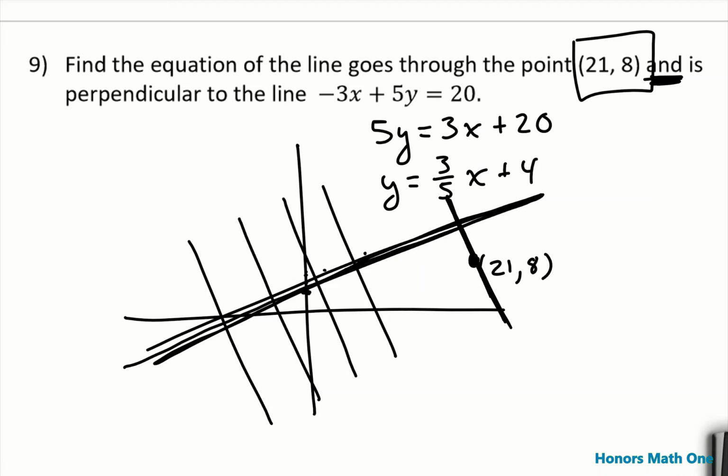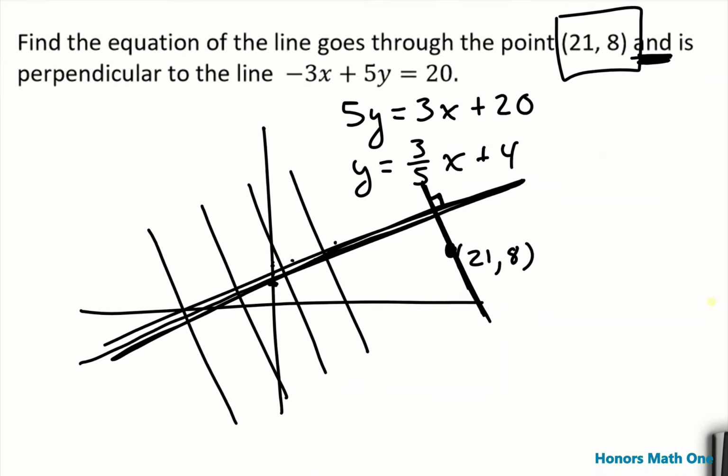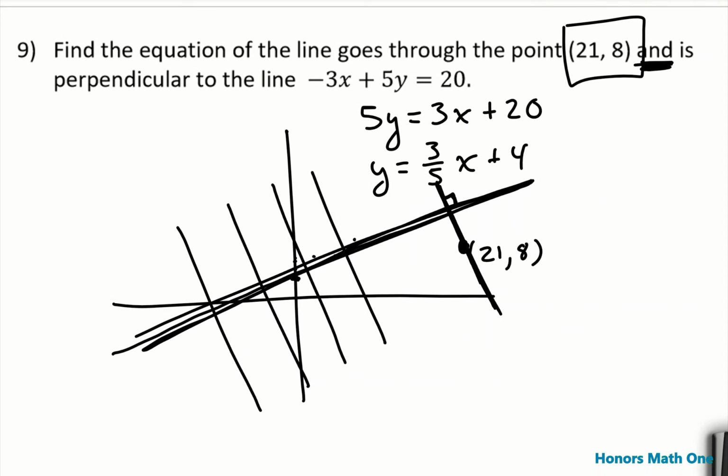So two things, right? If lines are perpendicular to each other, right? If lines intersect and form right angles, it has to be the case that their slopes have this special relationship, right? Their slopes are opposite in sign and the reciprocals. So this line, right, has a slope of 3/5.